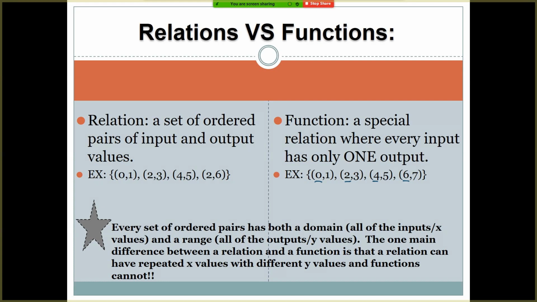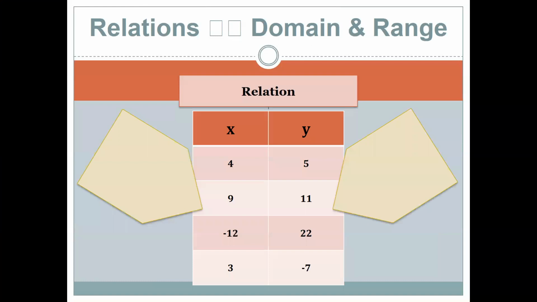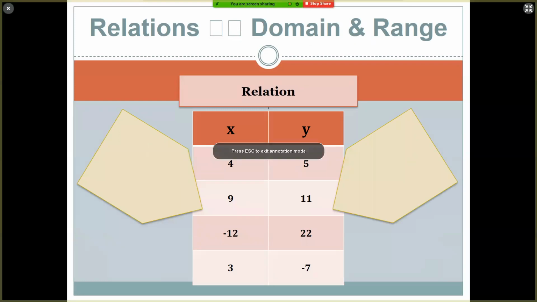And then for every set of ordered pairs, you have a domain. Your domain's all of your inputs or your x values, and your range is all of your outputs or your y values. So looking here, sometimes they give you a relation in a table. So this is what a relation will look like in a table. The numbers over here to the left side are your domain or your inputs.